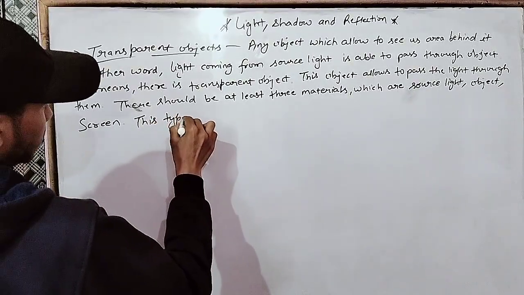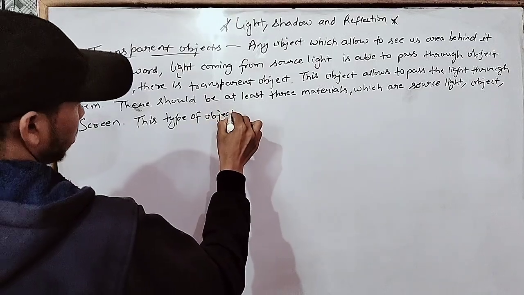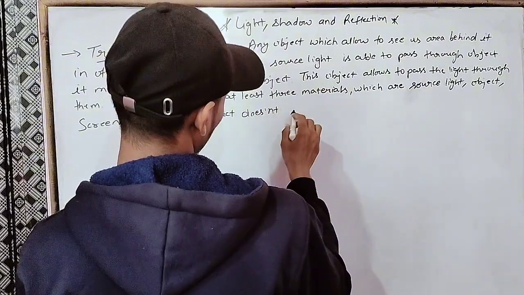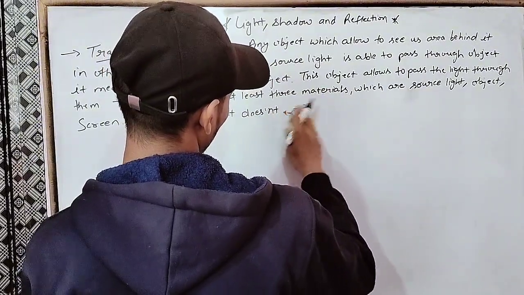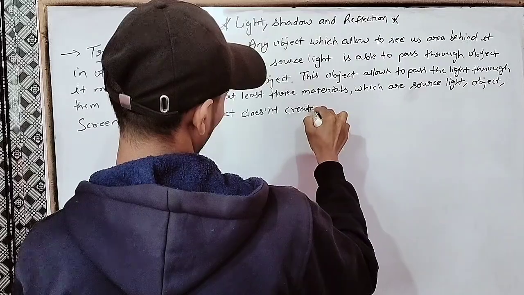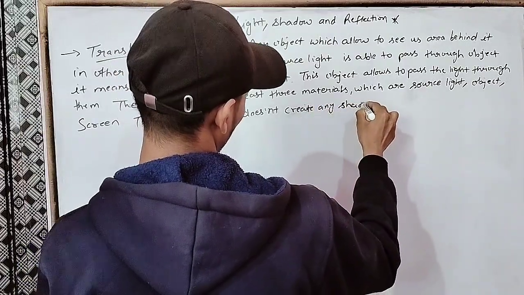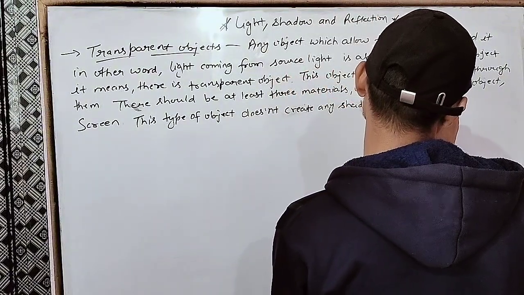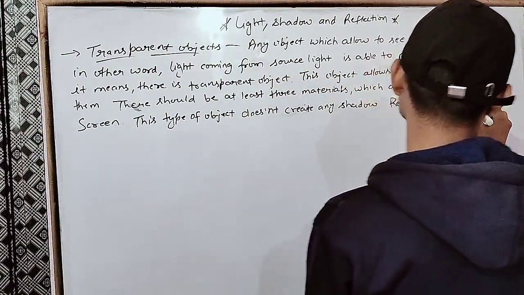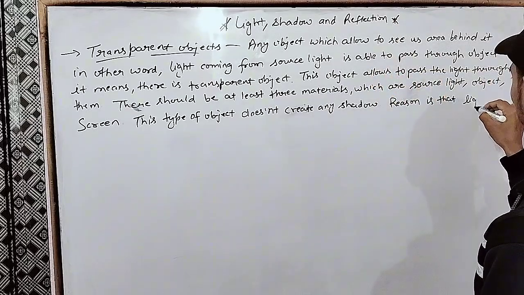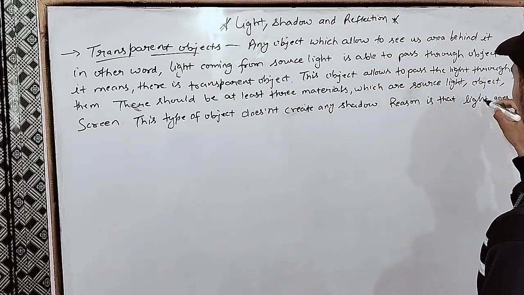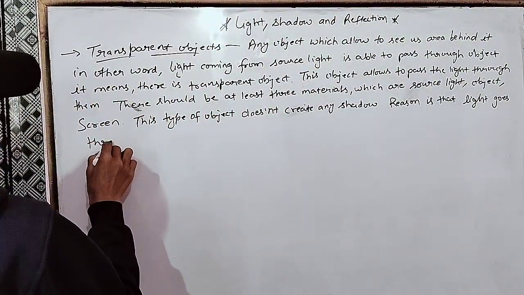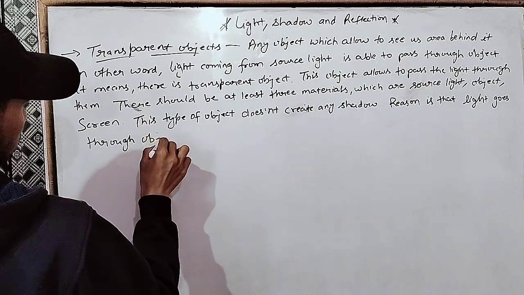This type of object doesn't create any shadow. The reason is that light goes through the object.